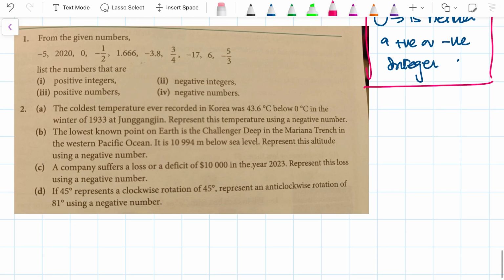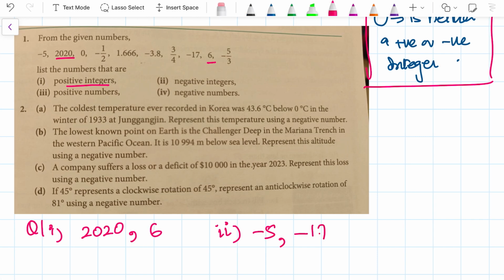Okay. Now, for the first question, the first part says you have to list down the positive integers. That means whole numbers which are positive. So these are just two. This one and this one. That's it. Second part. Negative integers. So it's a -5 and a -17. Nothing else.